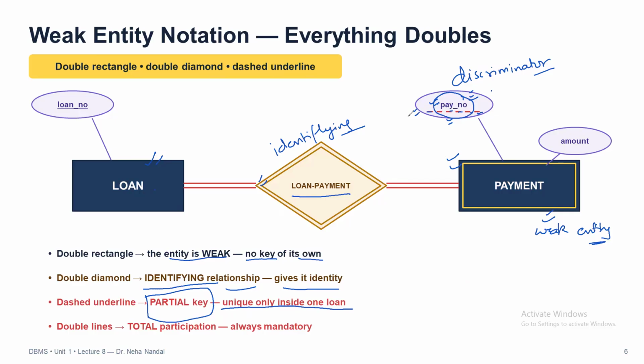So we got everything double. Here total participation is required. The relationship is an identifying relationship, that is a double diamond. The entity is a double rectangle, that is a weak entity. And the key attribute is almost a key attribute, not a complete key attribute. So it is noted by a dashed line, which is called a discriminator.